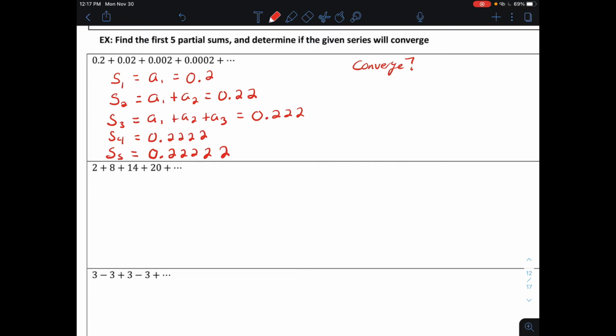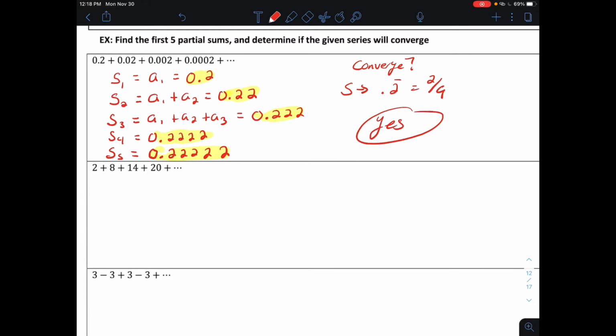Well, the way I tell if the sum converges is I'm looking at these numbers for my sums: 0.2, 0.22, 0.222, 0.2222, 0.22222. As I continue to add more terms together, my sum is approaching a value of 0.2 repeating, or 2/9. So since it was narrowing in on a value, I could say yes, it does converge.